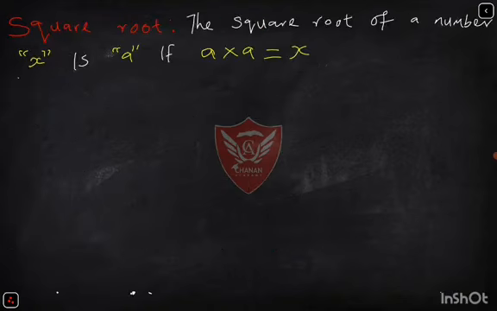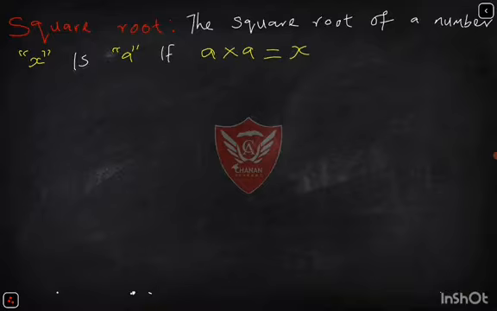Alright, having said that, let's move on. The square root of a number. The square root of a number x is a if a multiplied by a is equal to x.